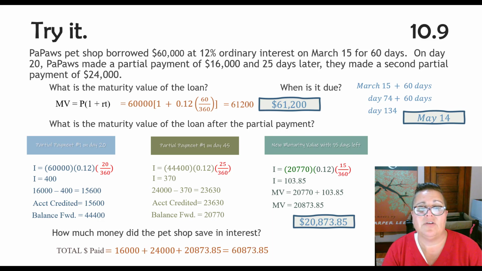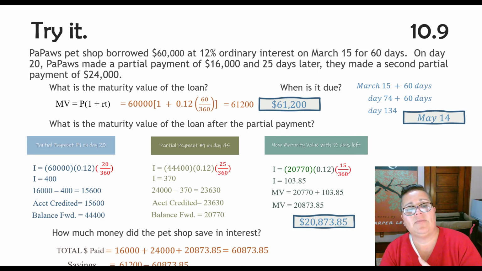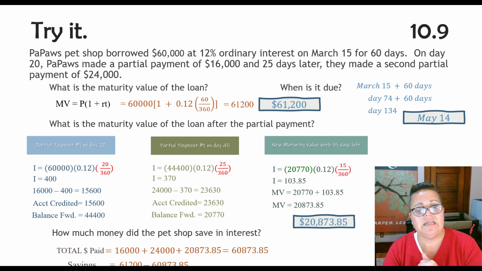So altogether, the total paid is $60,873.85. The savings would be the difference between the initial amount of the maturity value, or $61,200, minus the amount they actually paid, the $60,873.85, or $326.15. So the savings would be the $326.15.